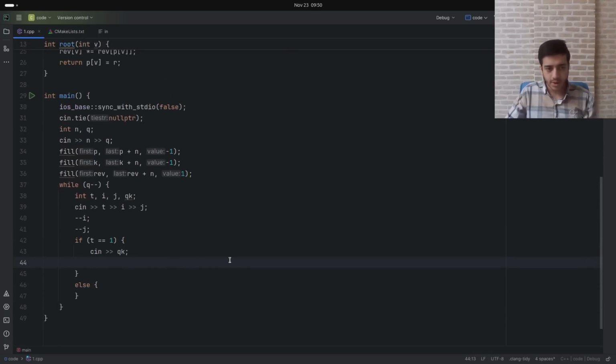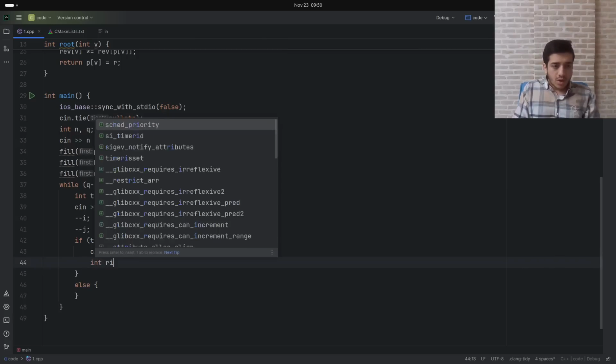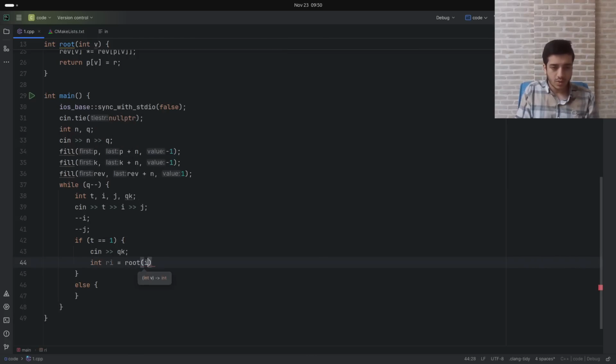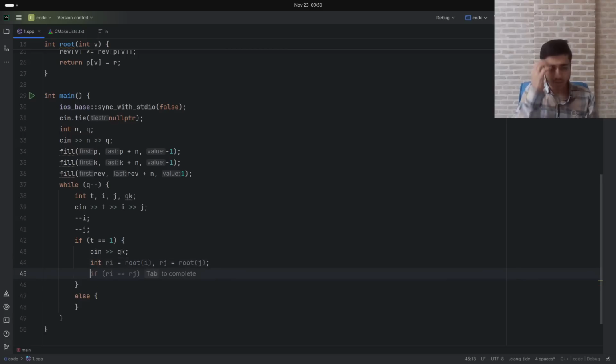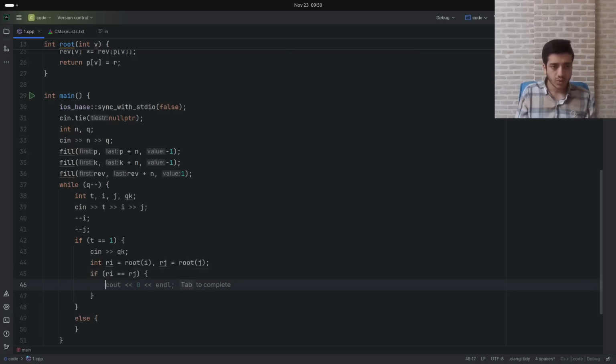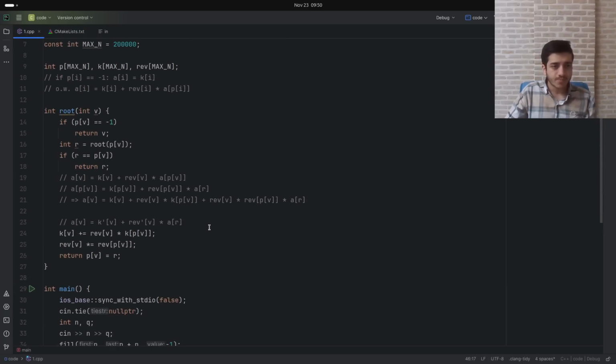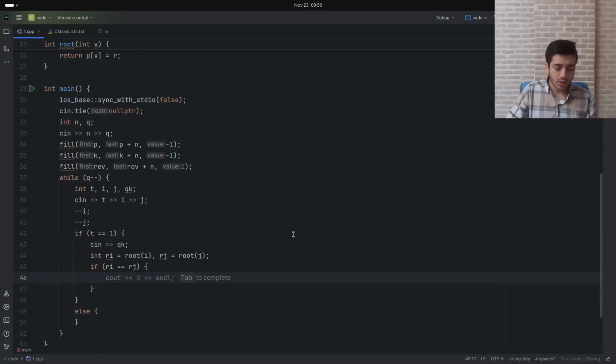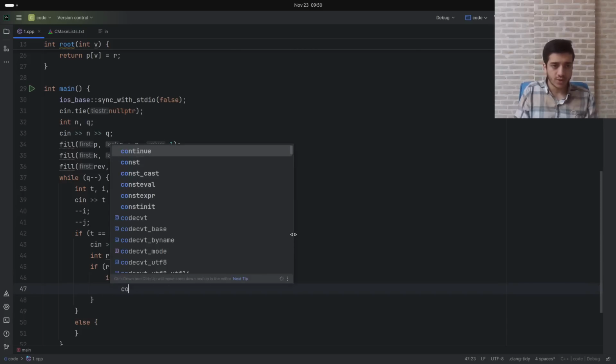So let's start from here. If roots are equal, if K of the root is not -1, we simply continue.